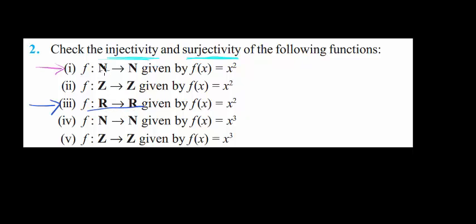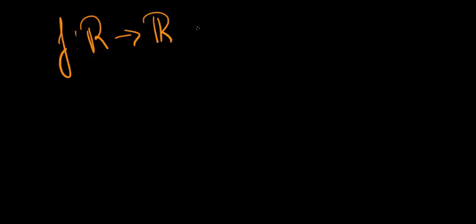All these, if you can see, natural numbers, Z, integers, real numbers, are in bold. So the function given to me is from real numbers to real numbers, correct? And what do we have the function as? F of x is equal to x square, correct? Now let's go ahead and prove this.